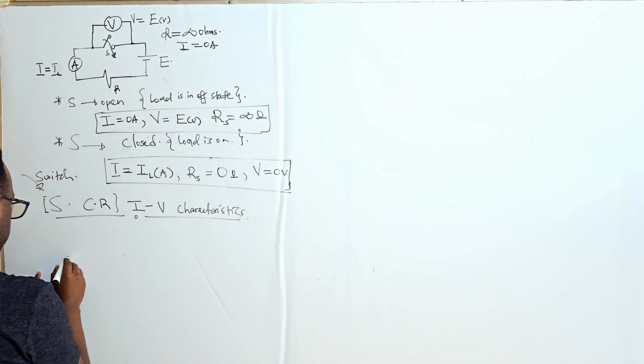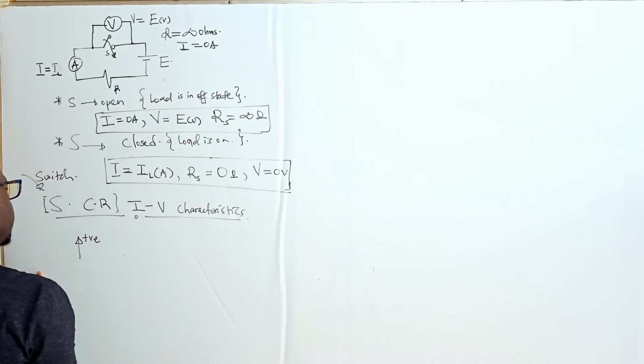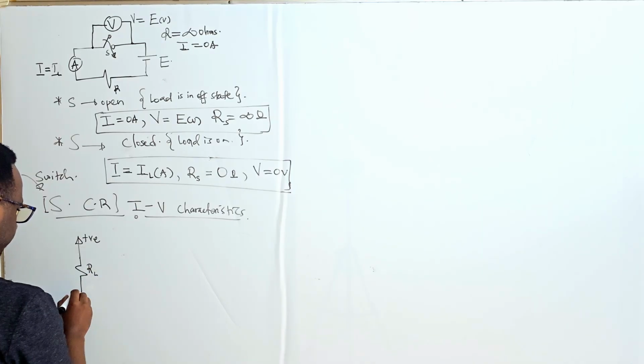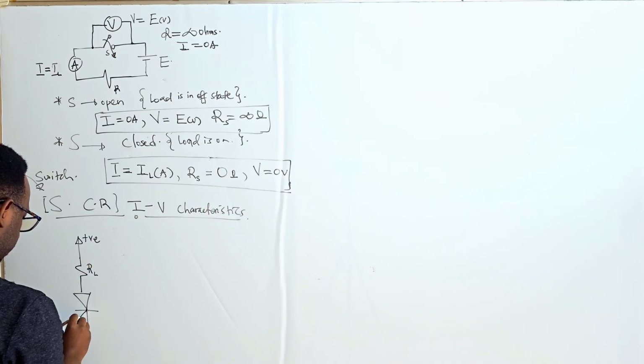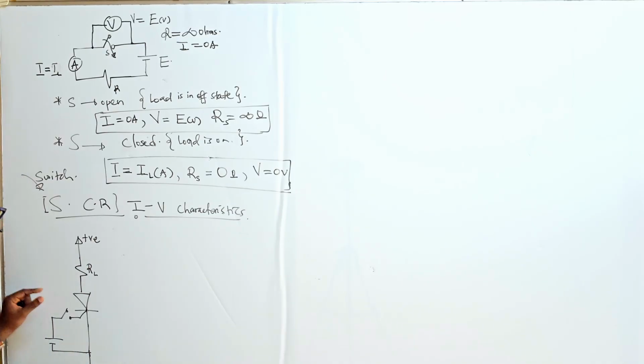So let's imagine, let's say we have a positive voltage source going to a resistive load RL, and we are to use a thyristor, or an SCR, as our switch.